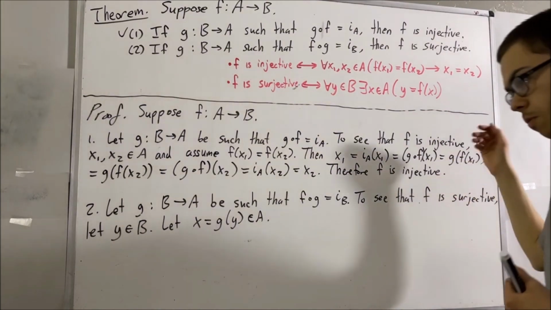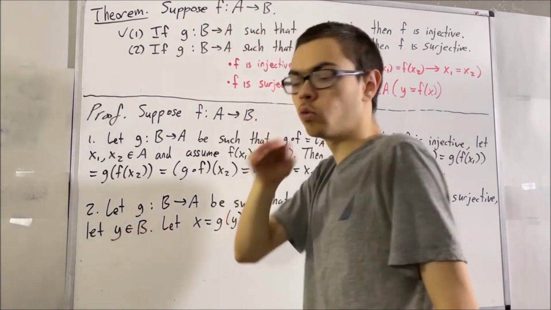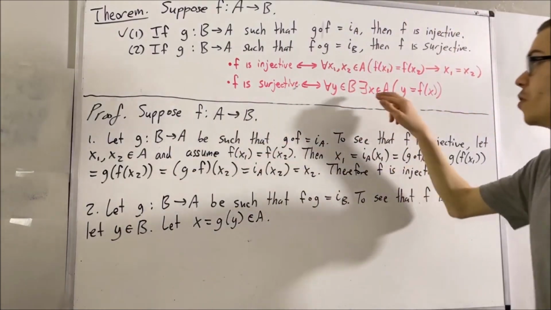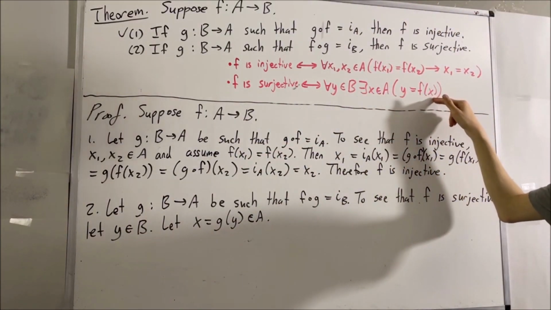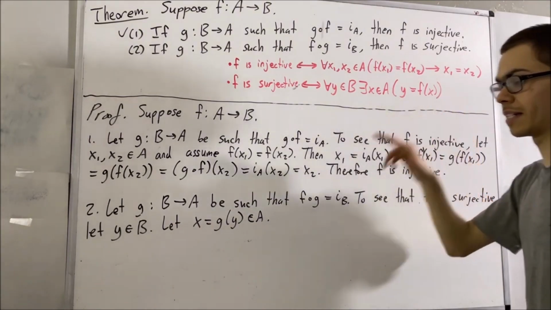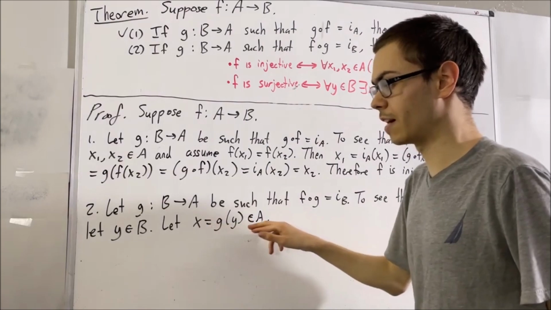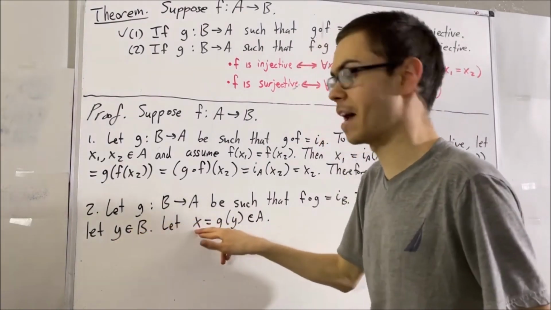And to do that, we give ourselves an arbitrary element y in B. And with this arbitrary element y in B, we want to show that there is an element x in A such that y equals f of x. Our claim is that it's going to be this element x in A that satisfies y equals f of x. So we're going to show that y equals f of x.